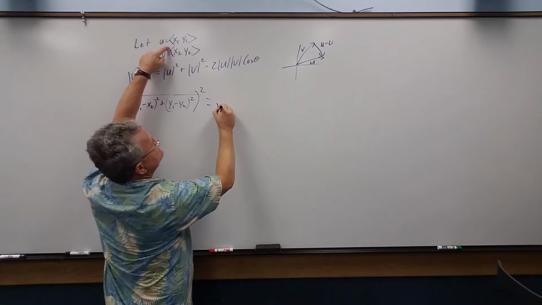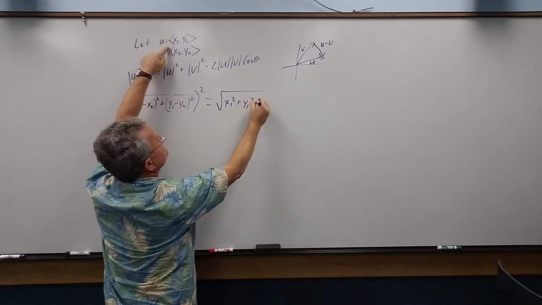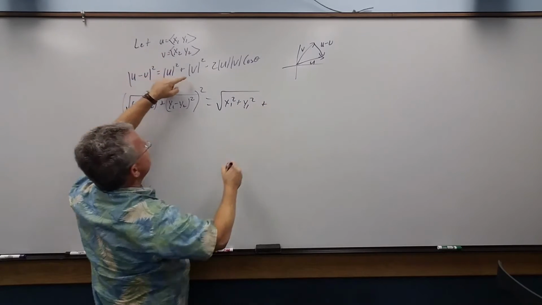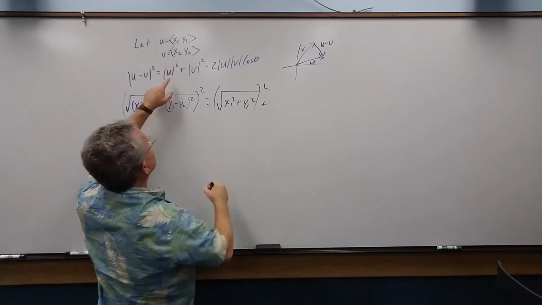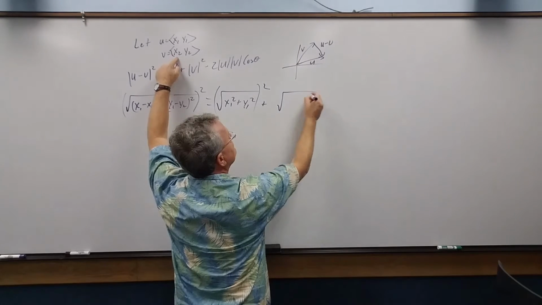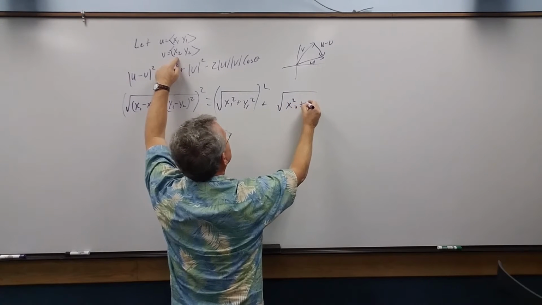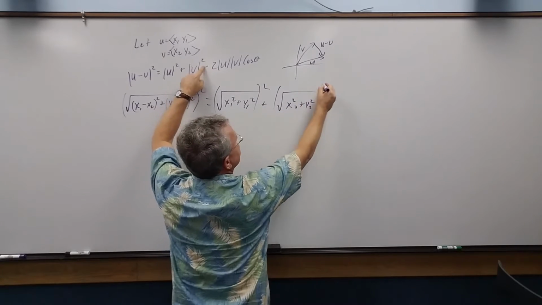Using the magnitude formula, we get the square root of x1 squared plus y1 squared, and then this is squared. The magnitude of v is the square root of x2 squared plus y2 squared, and then we square this result.